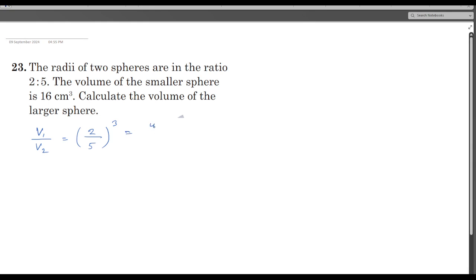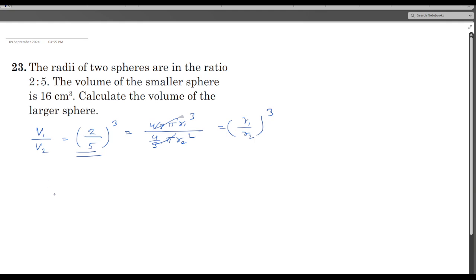It is 4 divided by 3 times pi r1 cube, and this is 4 divided by 3 times pi r2 cube. So this 4 divided by 3 pi cancels, and you have R1 divided by R2 the whole cube, which I have written here as 2 divided by 5 the whole cube.